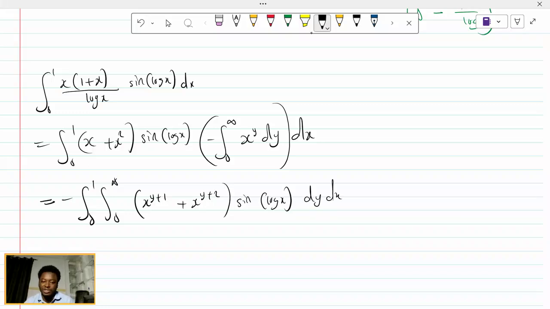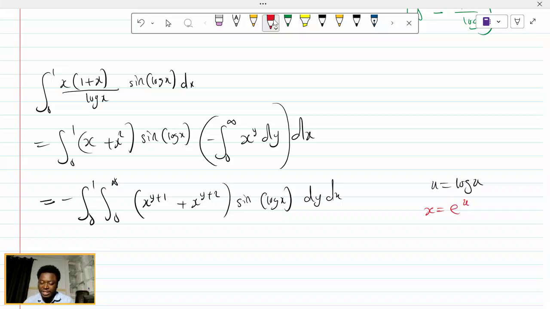Now we could make some substitution. We could take u to be log x. Obviously we could make that substitution. So take u to be log x. If that is the case, then what happens to our x? x would be e to the u, then dx.